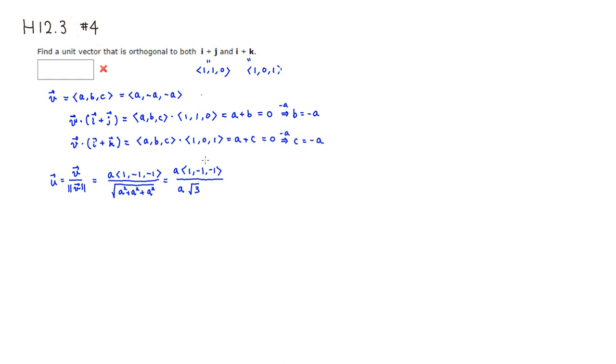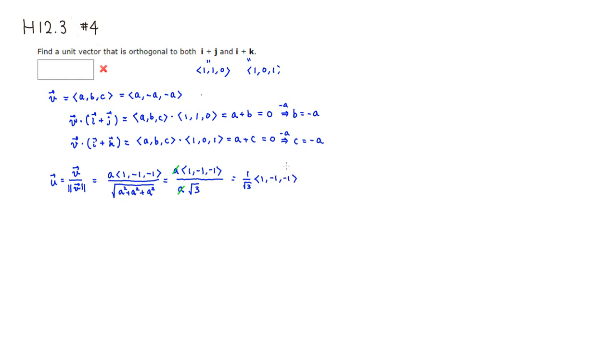So we can cancel a on top and a on the bottom, and we get 1 over the square root of 3. Actually, it might be easier to just do this: 1 over the square root of 3 in front, then you have 1 comma negative 1 comma negative 1.